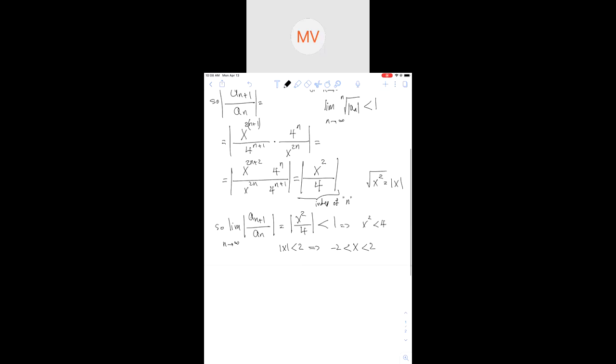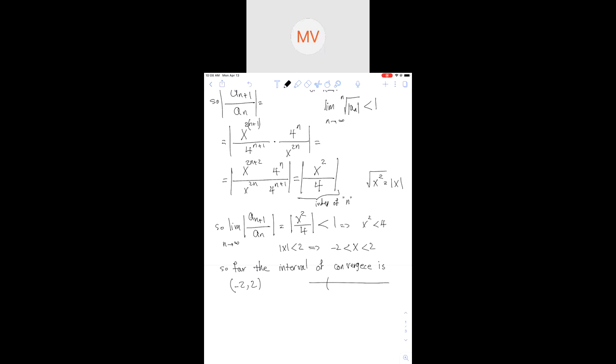Now, the extra piece I'm going to do here. Remember, so far the interval of convergence is -2 to 2.